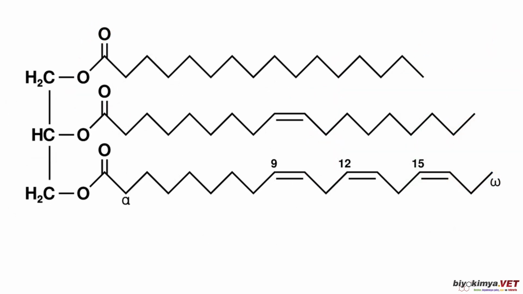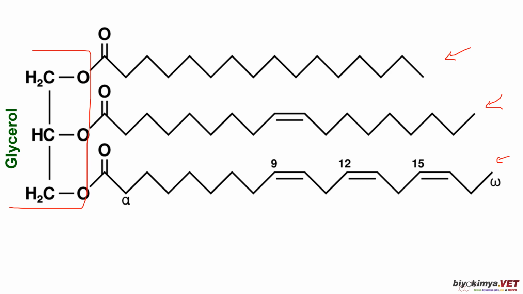And this is a triglyceride example here, another example, in which we can easily identify the glycerol backbone here. And these are the fatty acids. And we can give the names of these fatty acids because we did it in the lipids part one.